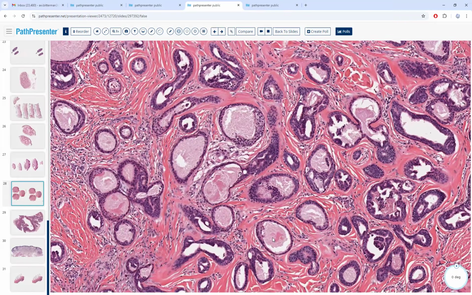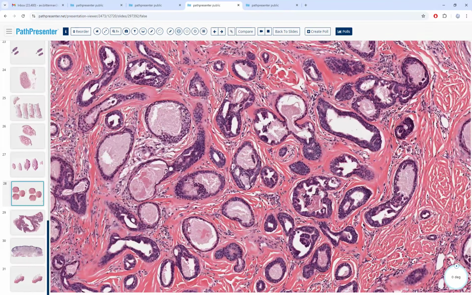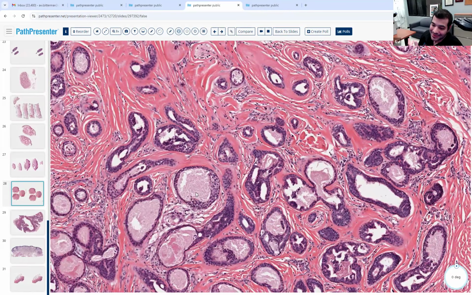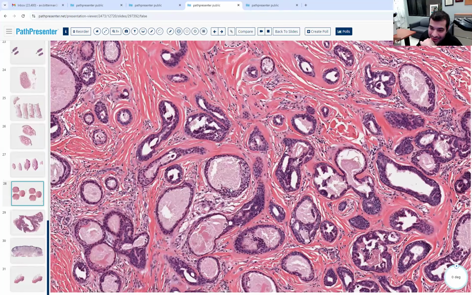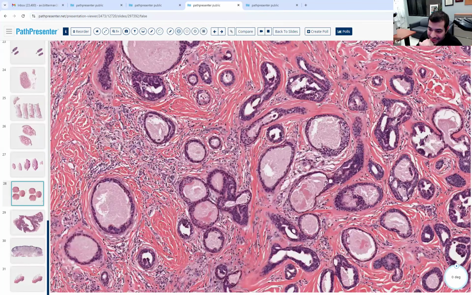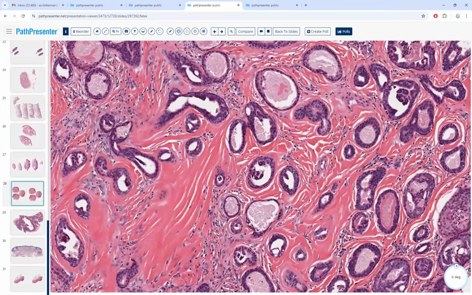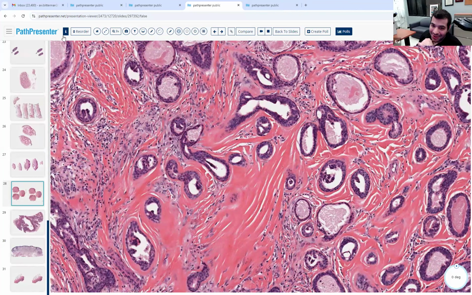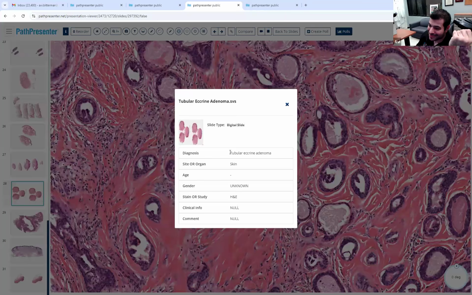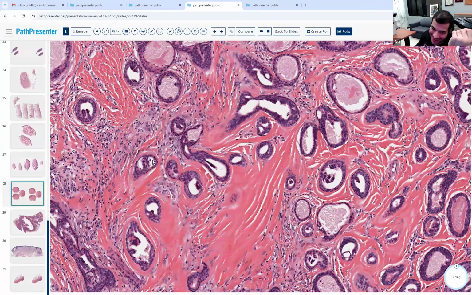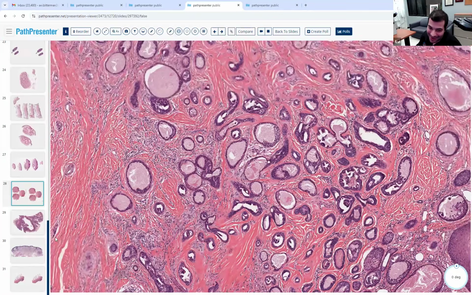Sweat. Yes. And is it apocrine or eccrine? Eccrine. So, not a surprise. I put a tubular eccrine adenoma right after a tubular apocrine adenoma.